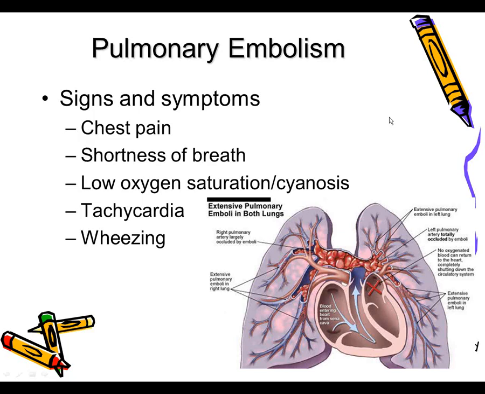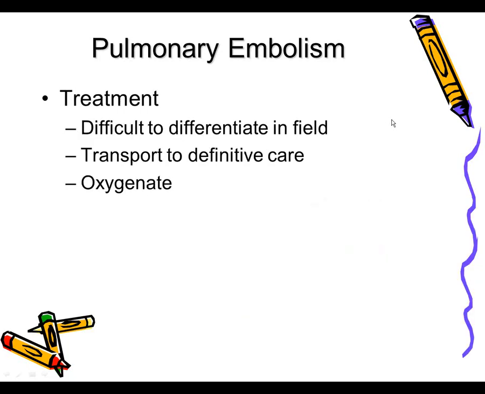Right, there we are. Treatment is very difficult to differentiate in the field as to whether or not this is a pulmonary embolus or a pneumothorax. Treatment is definitive or is supportive. Obviously, they're going to have trouble breathing. Their SATs are going to be low. So giving them oxygen is, of course, the best thing that you can do.